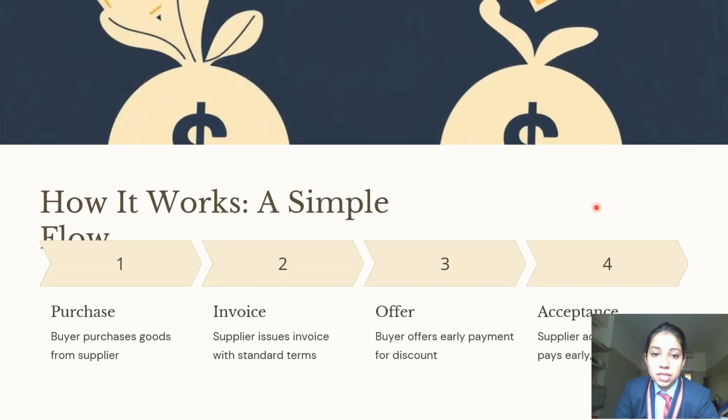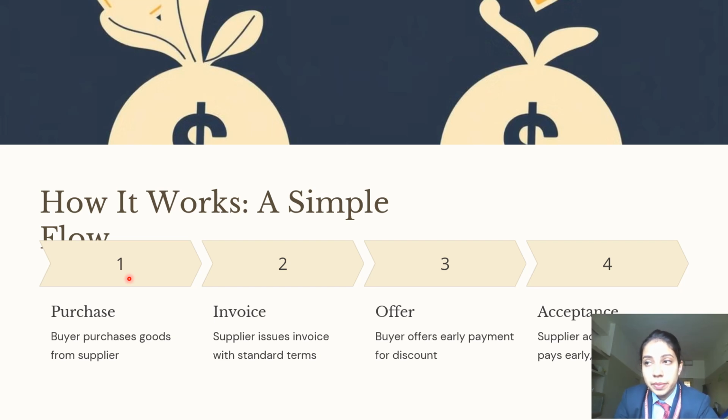Now let's see the process, how it works. The very first step is the basic purchase or sale. When the buyer purchases goods from the seller, the seller will issue an invoice with a payment term.